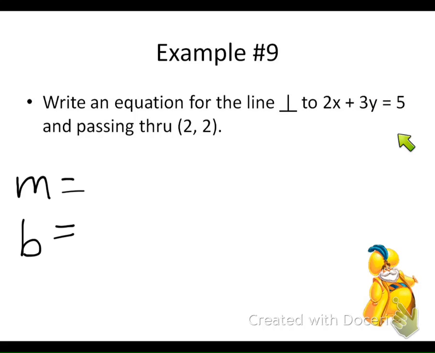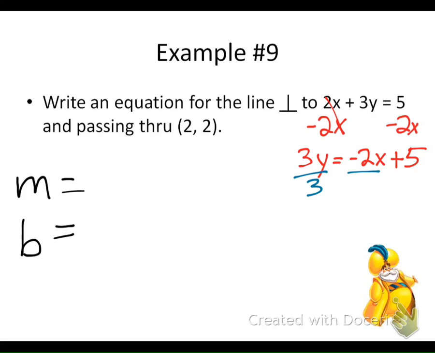Do I currently know the slope of this line? No. How can I find its slope, though? Good. We got to get the y by itself. So subtract the 2x. We're trying to get it into y equals mx plus b. That's the only way to know the slope. All right, I'm going to divide everything by 3.